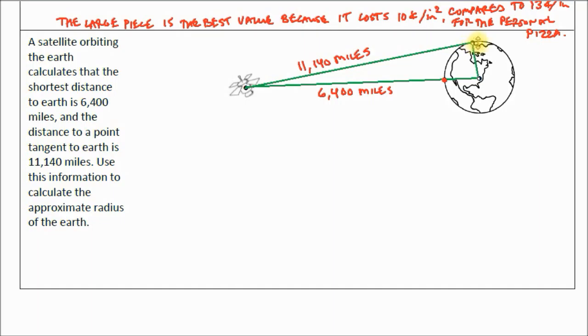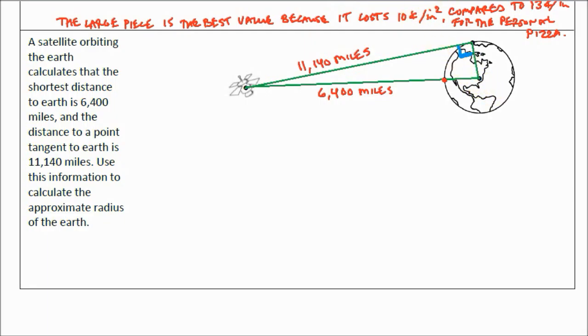I'll draw that radius. Based on this tangent radius theorem, we know that this angle is a right angle, because a tangent and a radius that touch at a point of tangency will always create a right angle.